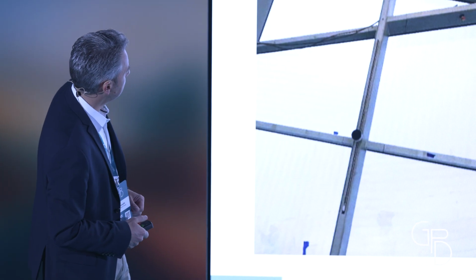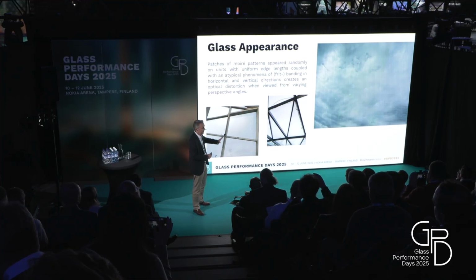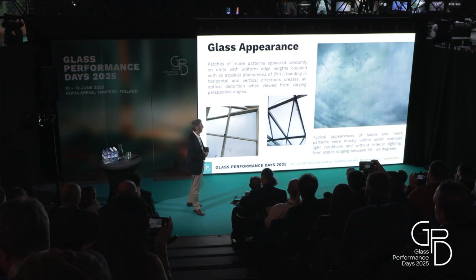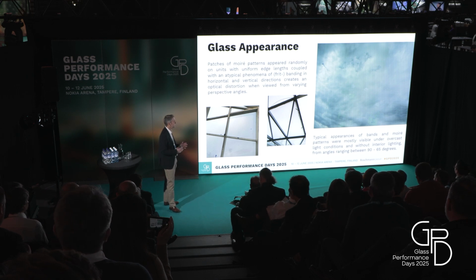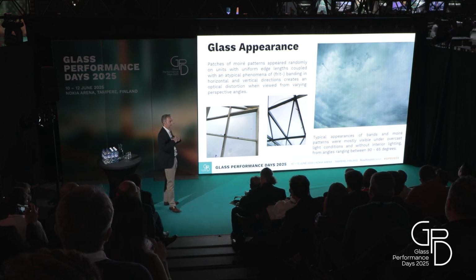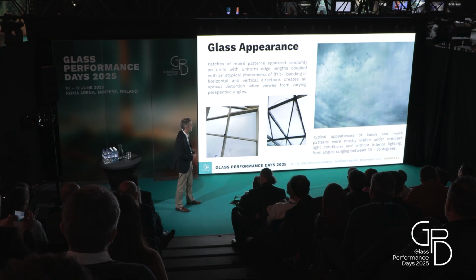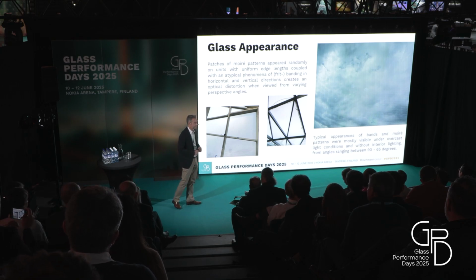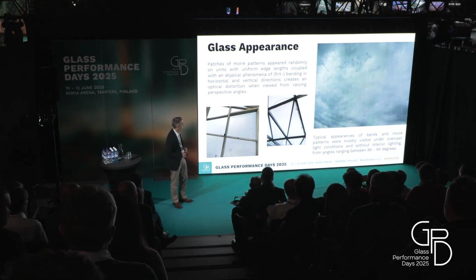And here, another picture of that kind of interference banding. Again, not intentional. The typical appearance of these bands and the moiré patterns was mostly visible not under direct sunlight, but in overcast light conditions and without interior lighting, and mostly at angles of 90 to 65 degrees from a viewing perspective.